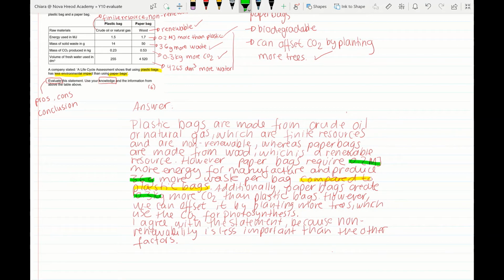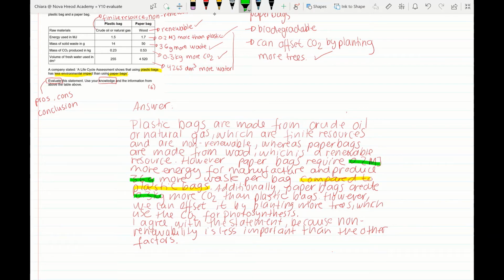Let's summarize. So we've got a statement about plastic and paper bags and about their raw material, saying that one of them is non-renewable and the other one is renewable. And then we are comparing all of the manufacturing processes. So how paper bags are using more energy, create more waste, and they emit more CO2 gases during the manufacturing process.